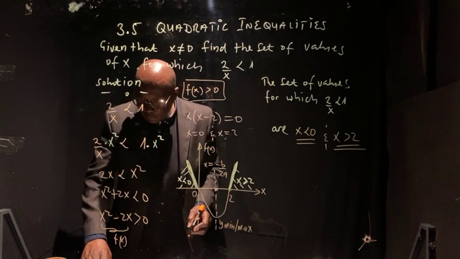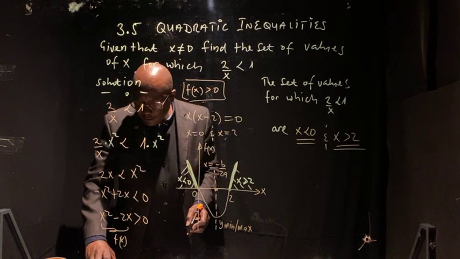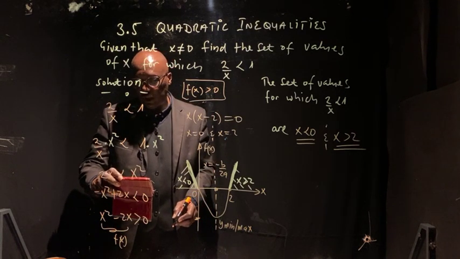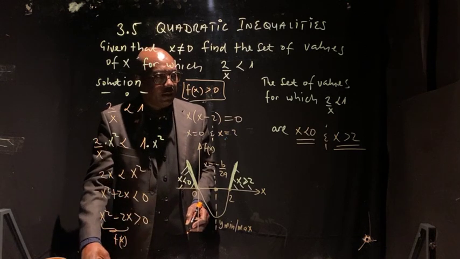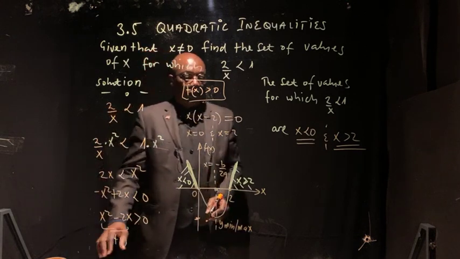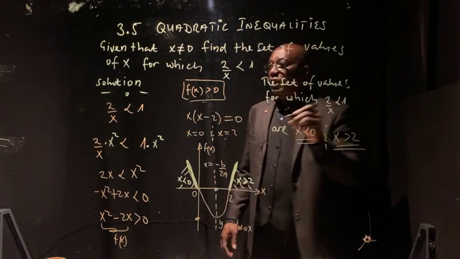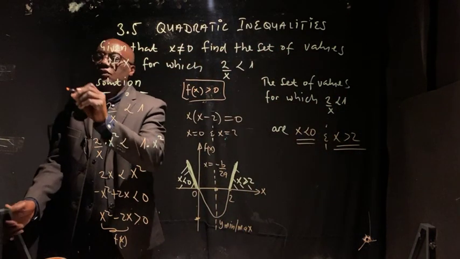Let me see whether you can see it. Quite unfortunate, I don't think that you can see it. So let me draw it here for you to have a clear view.